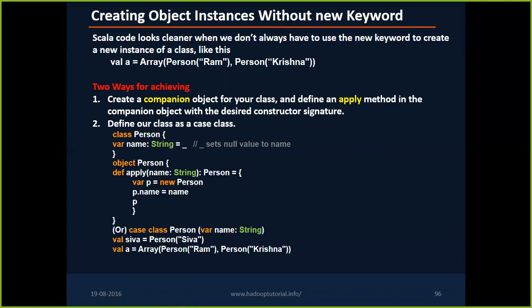If I take a Person class, this gives you one more way of defining multiple constructors. We have seen the primary constructor and the auxiliary constructor. Achieving the nature of auxiliary constructors with different parameter lists is possible this way also. Here in this also I can show you one more way.